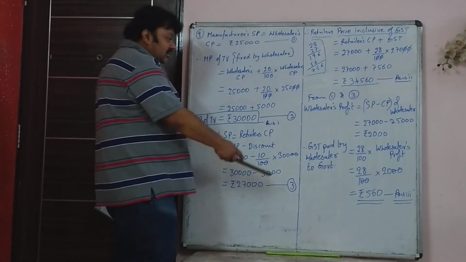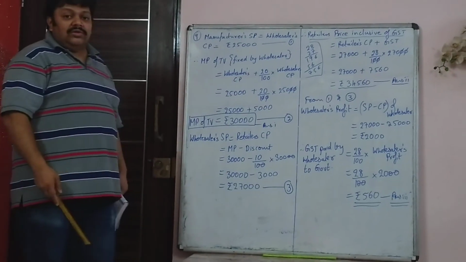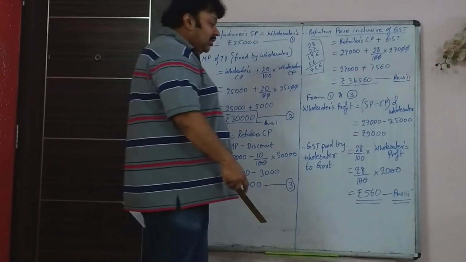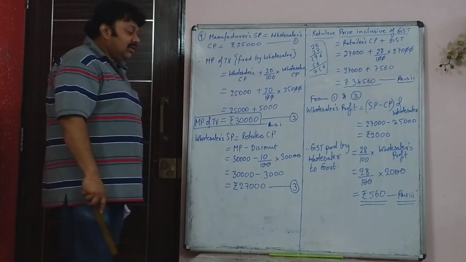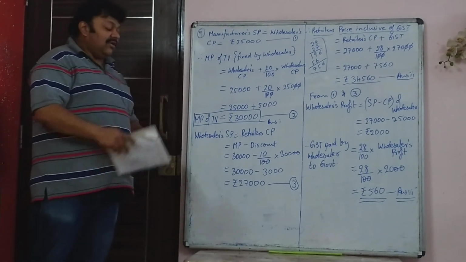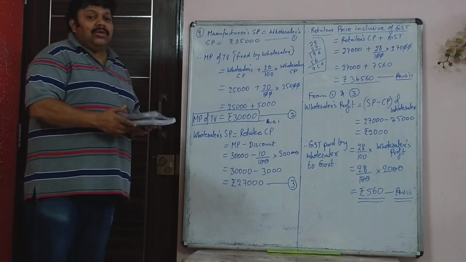The wholesaler's profit is rupees 2,000. So on that 2,000, the wholesaler pays 28% directly to the government. So he pays rupees 560. The wholesaler pays the government 560 rupees as GST. So with that we have finished sum number 9. Next we will continue with sum number 10.